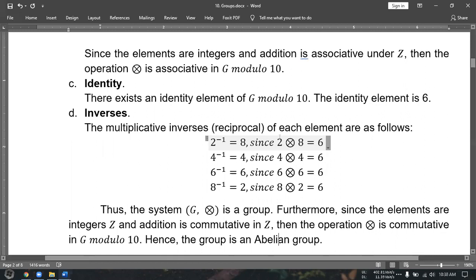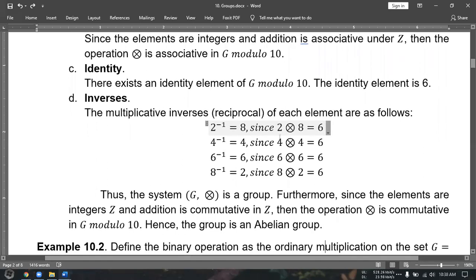Hence, the group is an abelian group. That's how we test whether a system is a group or not, and furthermore whether the group is abelian or not.